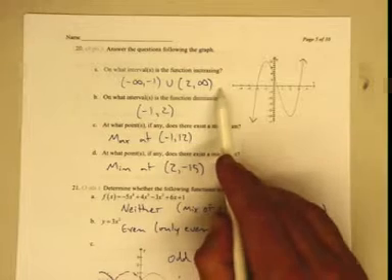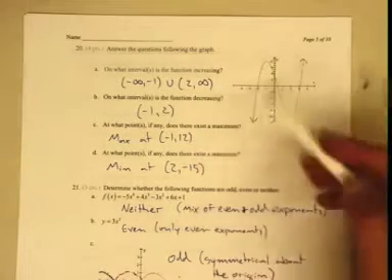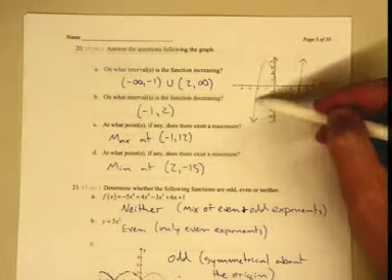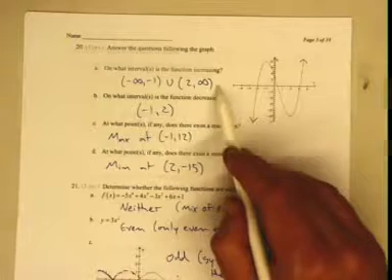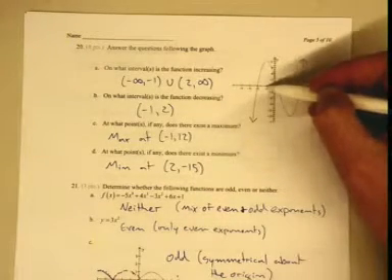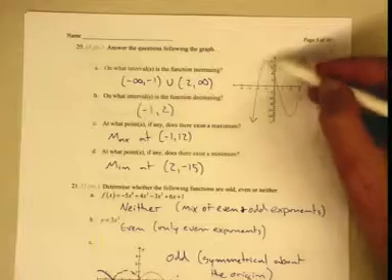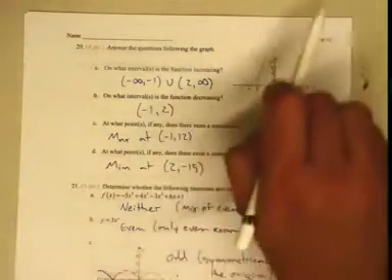As I start over here at negative infinity, and as I go this direction, the graph is increasing from left to right. So starting over here at negative infinity and all the way until negative 1, because at negative 1, this is our transition point. From negative infinity to negative 1, I'm going up the graph.